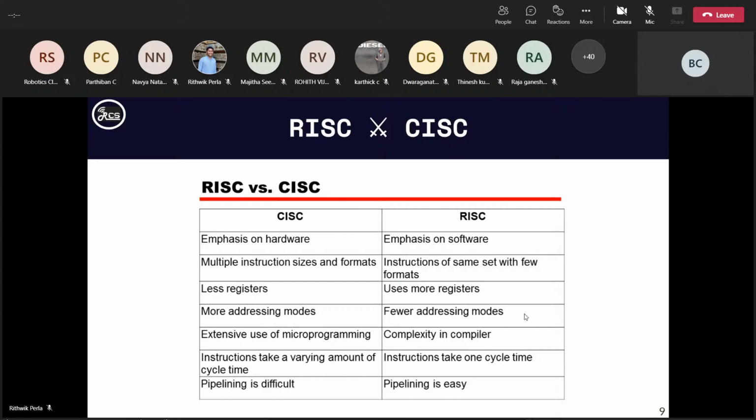But due to this, as I have said before, the instruction sizes will be varying in CISC. So pipelining, which I mentioned before, is going to be tougher in CISC. But in RISC, the instructions are of the same size, so pipelining is going to be very easy.